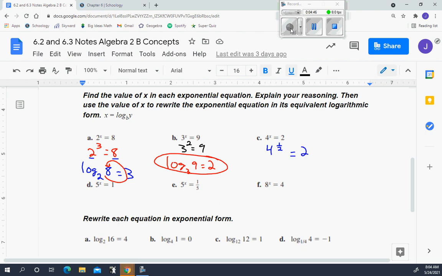Which makes sense, right? We remember what 1/2 is. Well, that's square root. What's the square root of 4? 2. So I know that 4 to the 1/2 power equals 2. And now I just do the same thing. Okay, my log base 4, the 2 equals that 1/2. And again, you can always check your work by doing that natural flow. 4 to the 1/2 equals 2.